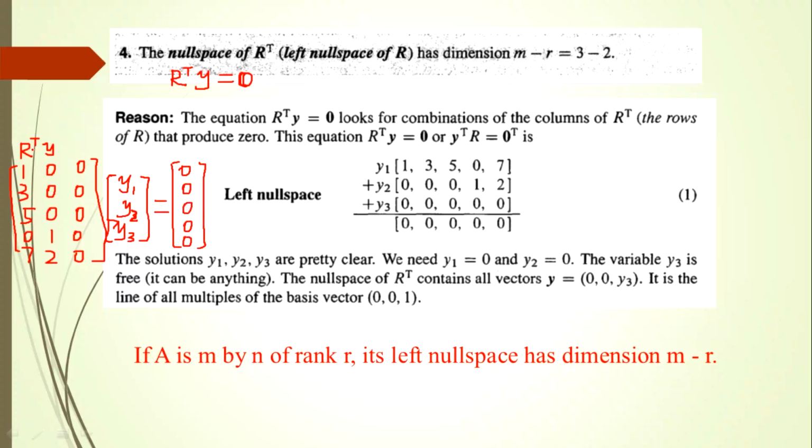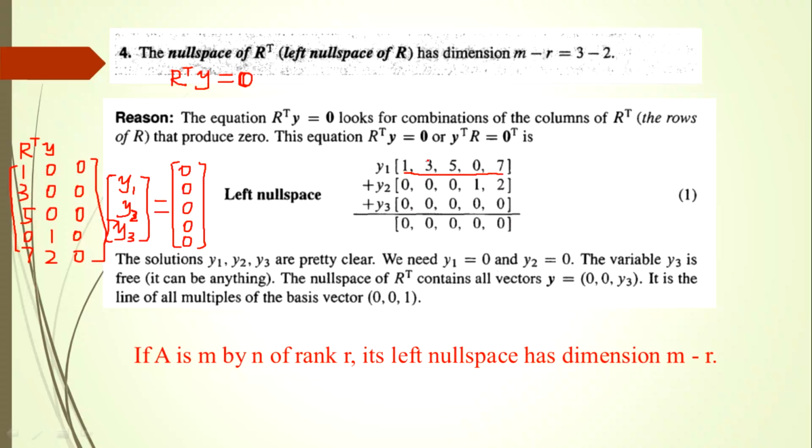So if we write it this way, that will be each row times the 3 components, y1, y2, y3. So that is the same as writing it as the linear combination of each column. So here that is y1 times the first column plus y2 times the second column plus y3 times the third column.